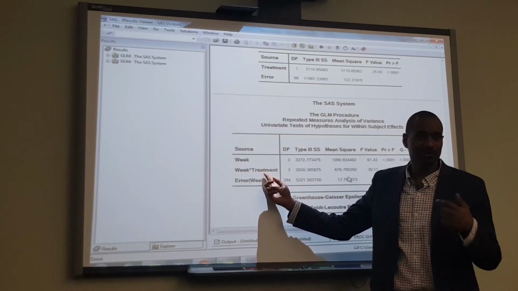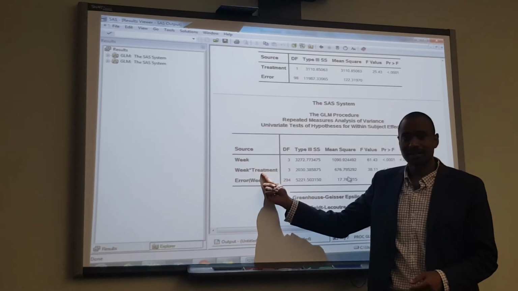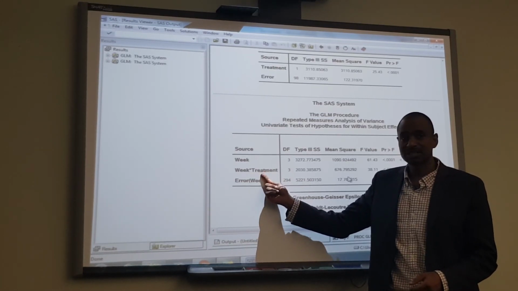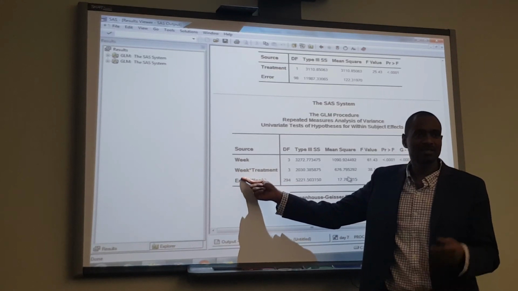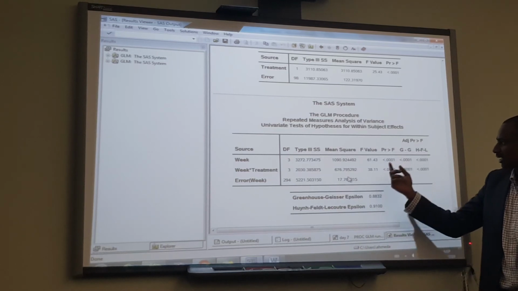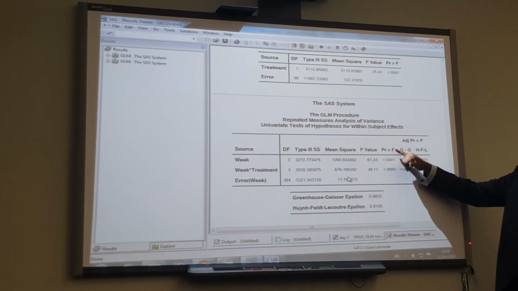So if I'm going to look at the p-value, I'm going to look at the p-value of this first. So what is this saying now? What is the hypothesis here? Yes, the effect of treatment over time. When I say over time, representing what? The weeks.